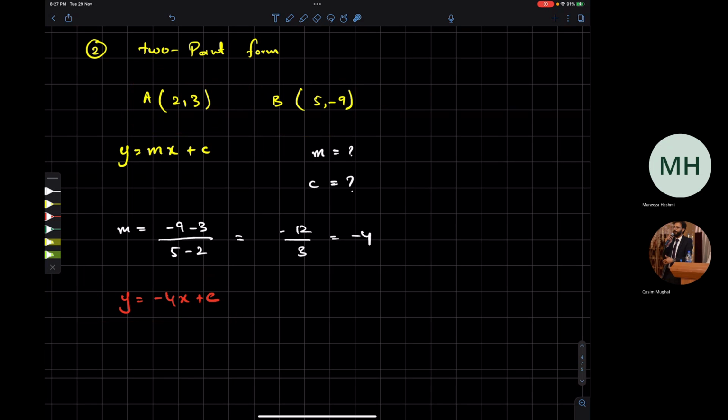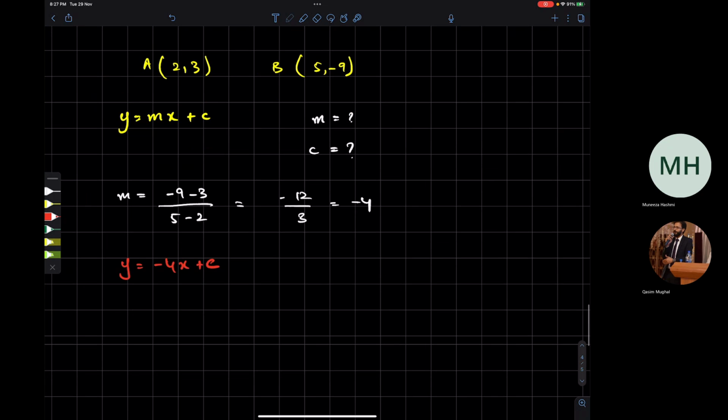Whatever you are comfortable with, let's just say go for A. If I put point A into this equation, y is 3, x is 2, and from here you can compute the value of c, and that would give you 11. So the required equation is y = -4x + 11. Got it?